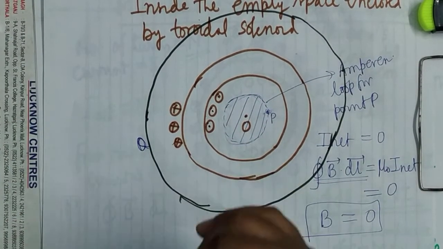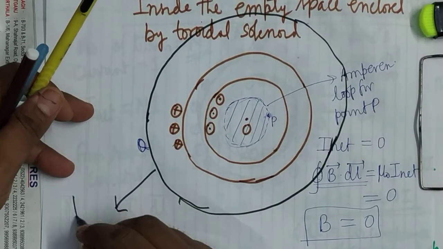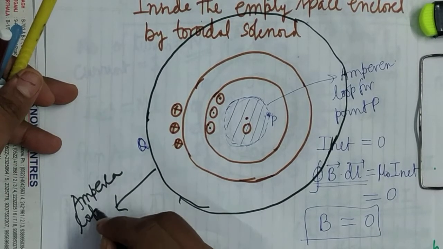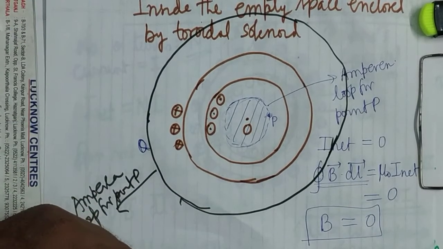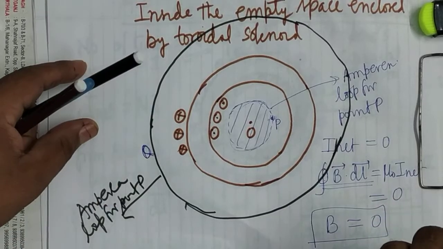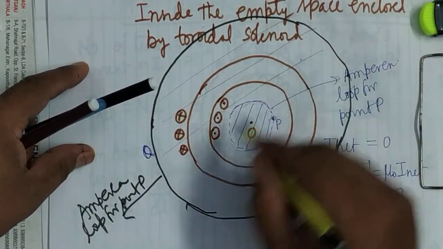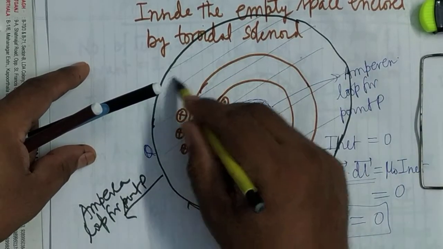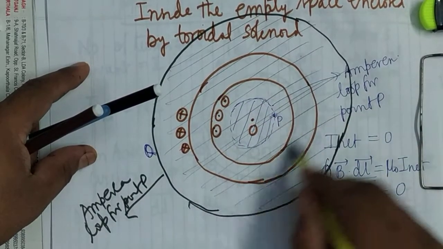This Amperian loop is for point Q. So, how much area is enclosed by this Amperian loop? This area is enclosed.